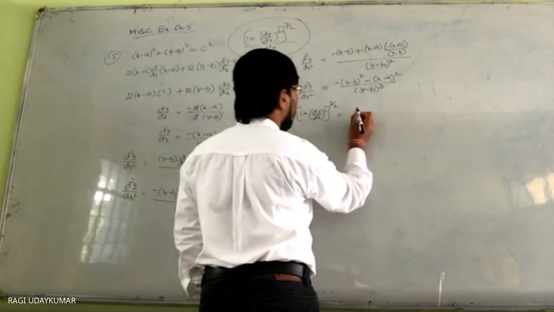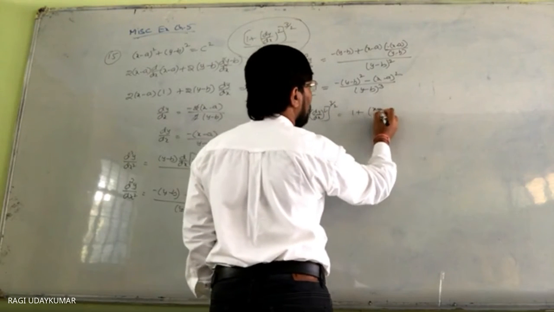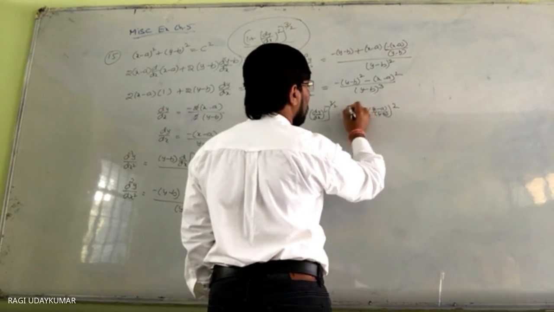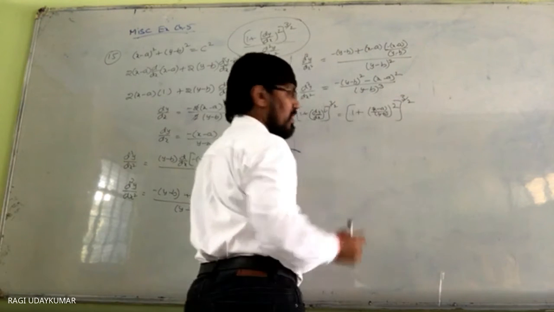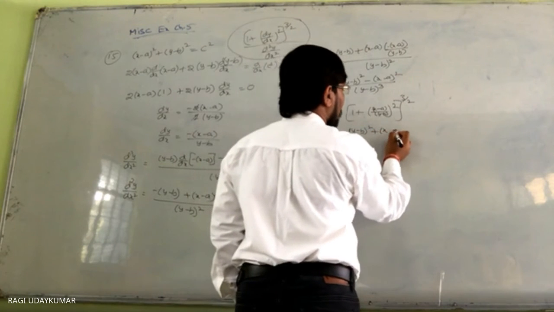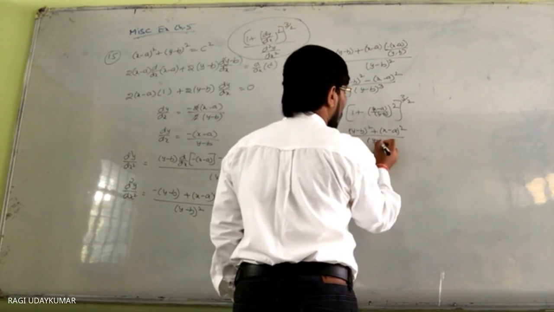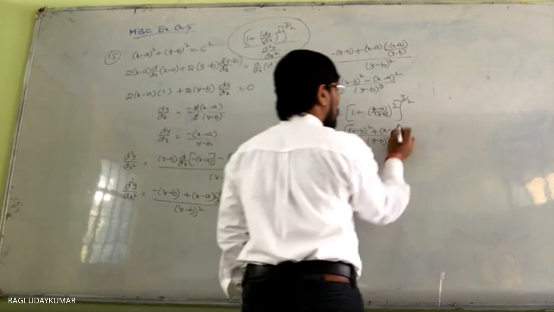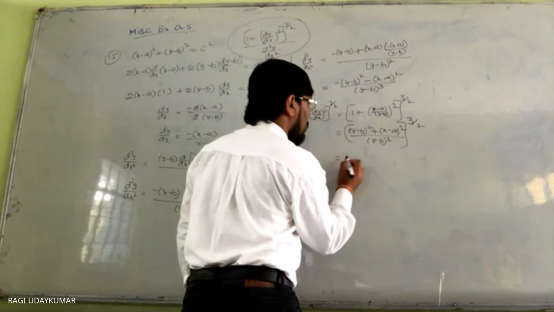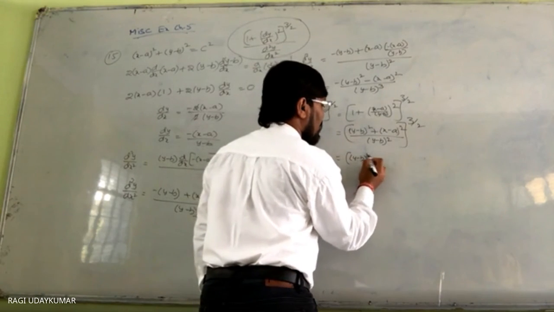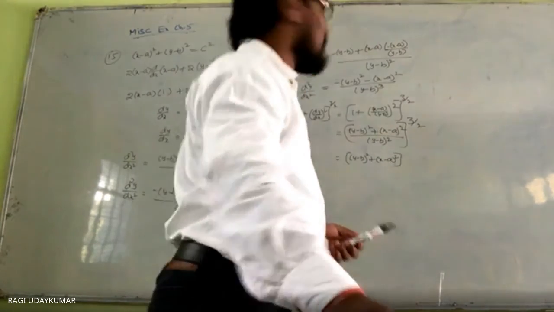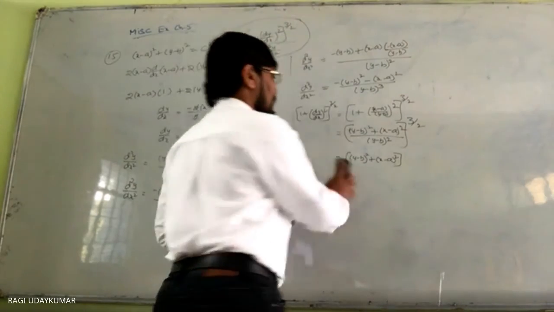So which is equals to what you get here? 1 plus dy by dx, which is nothing but minus of (x minus a) by (y minus b), whole square, whole to the power of 3 by 2, which is equals to [(y minus b) whole square plus (x minus a) whole square] by (y minus b) whole square, whole to the power of 3 by 2. In the numerator you are going to get (y minus b) whole square plus (x minus a) whole square, which is equals to c square.